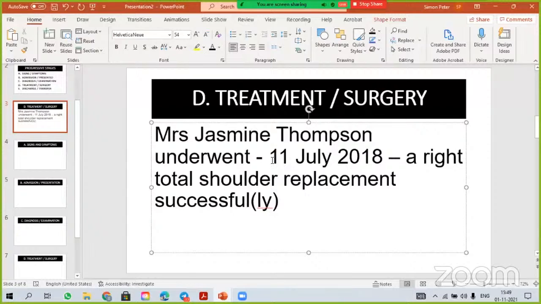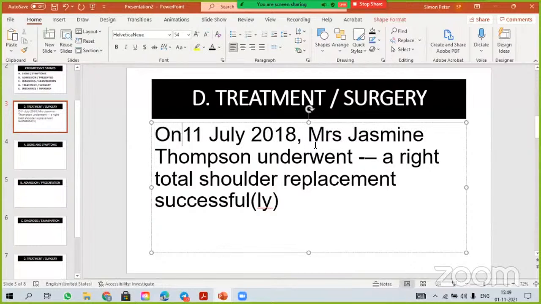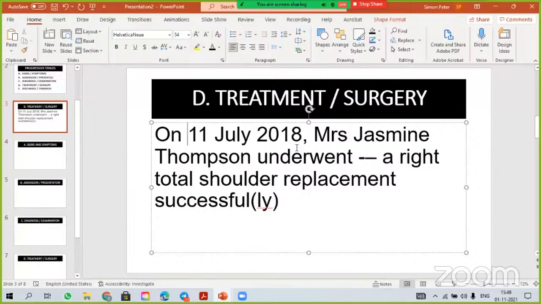So this date, what you can do is take it forward here. You can put a comma here. On, here you can say on. With the date, you will always use on. So this is a phrase.